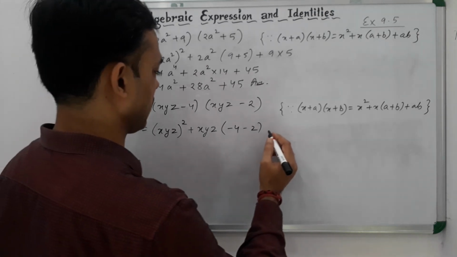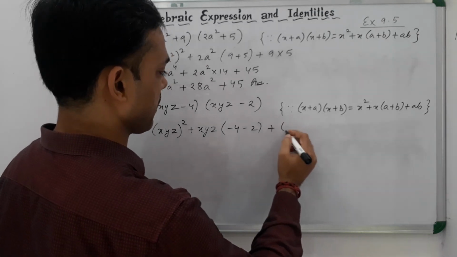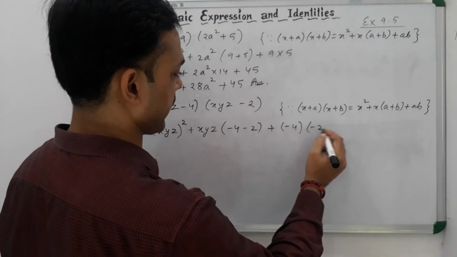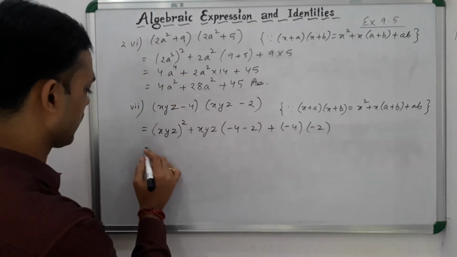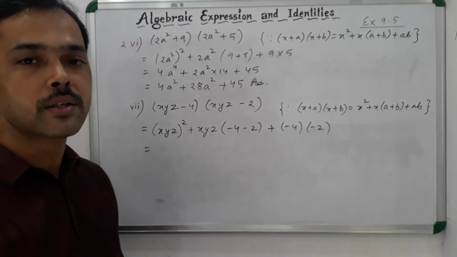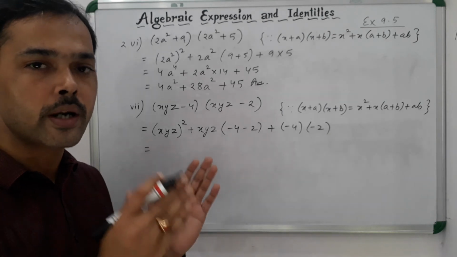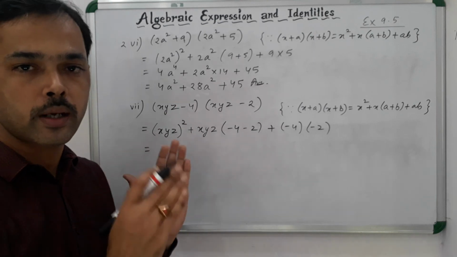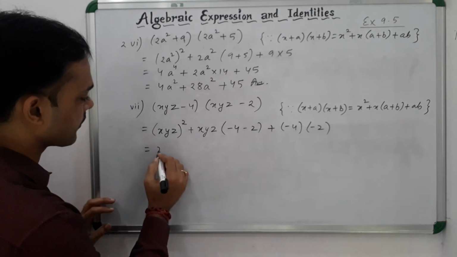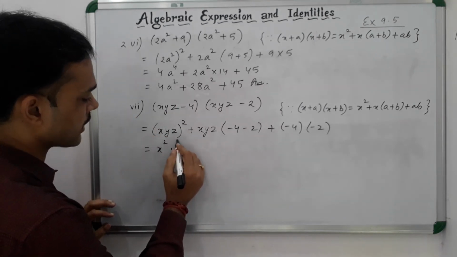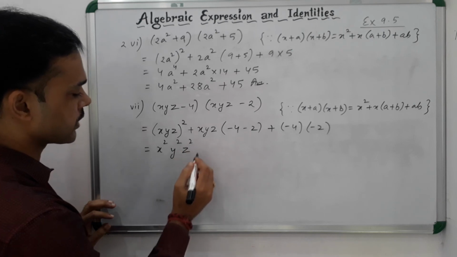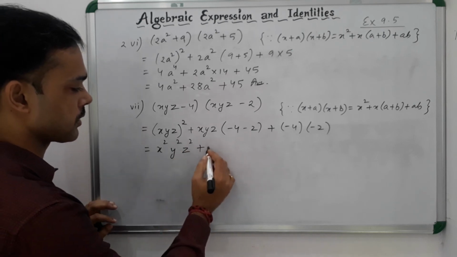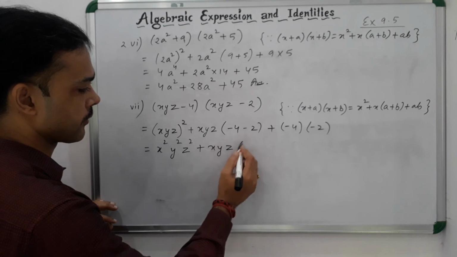Then plus ab means minus 4 into minus 2. xyz whole square means xyz into xyz. You will arrange the terms, x into x, x square, y into y, y square, and z into z will be z square, plus xyz.